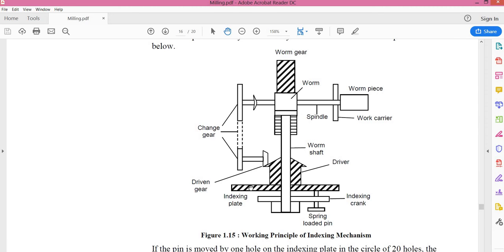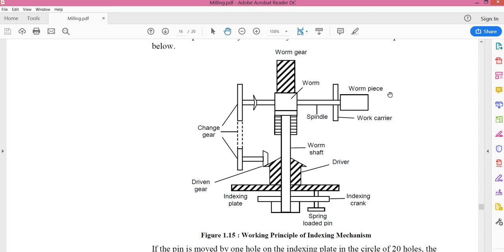If you rotate this indexing crank, the worm wheel over here will have 40 teeth, which is the standard. The worm will have a single start, and this worm wheel is connected with the spindle, and the spindle is connected with what?